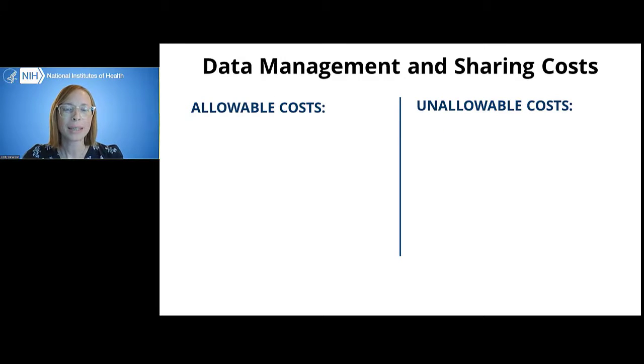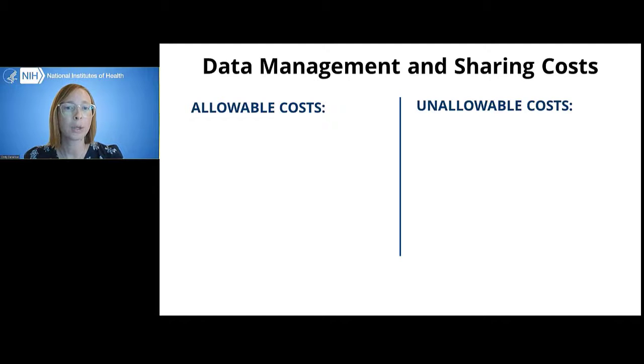NIH recognizes that making data accessible and reusable for other researchers may incur costs, and you are allowed to request funding to support the data management and sharing activities described in your DMS plan. NIH has published supplemental policy information outlining categories of allowable costs associated with data management and sharing, which was published as a guide notice and has been incorporated into the NIH sharing website.